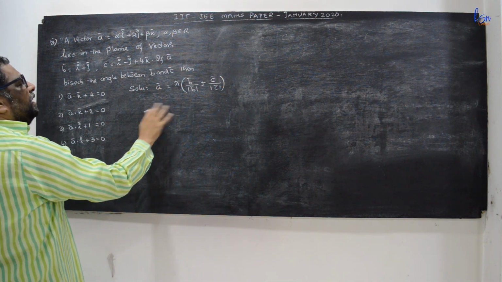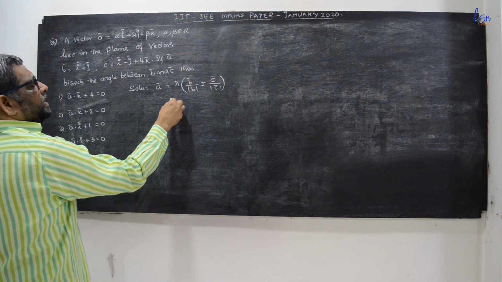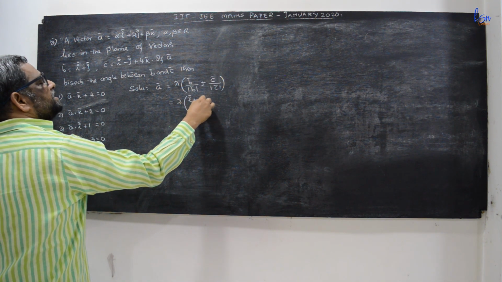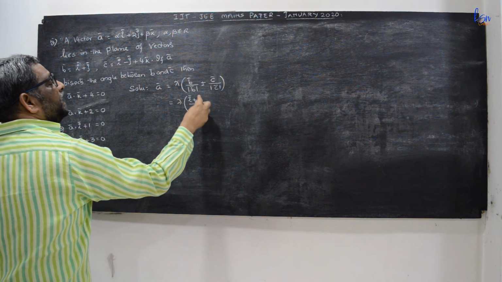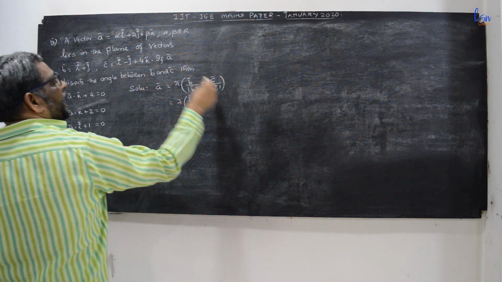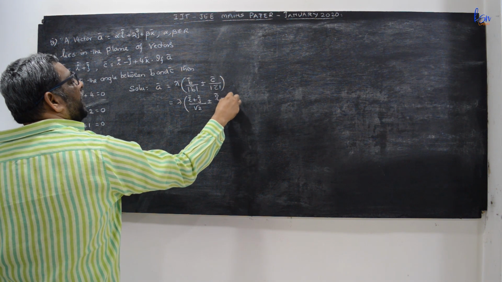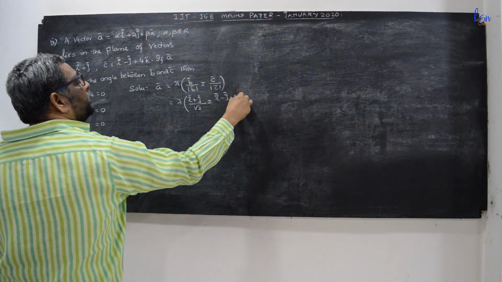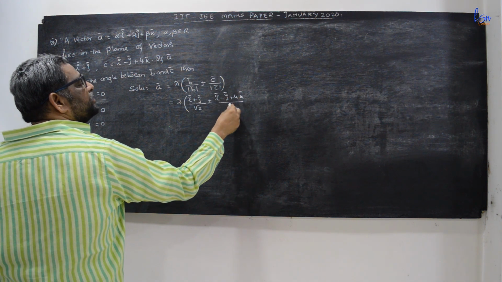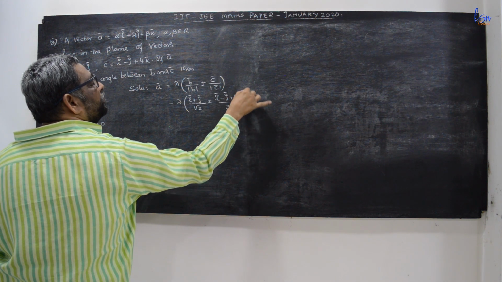Now we will consider it like this: a bar equal to (i bar plus j bar) by root 2 plus or minus (i bar minus j bar plus 4k bar) by root of 1 plus 1 plus 16, which is 18, that is 3 root 2.